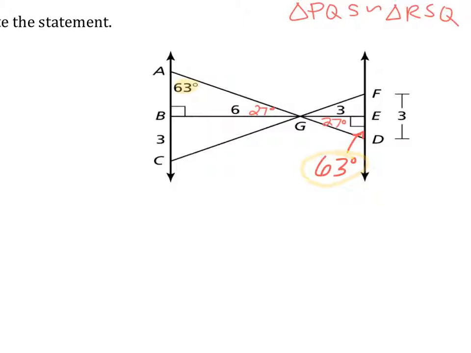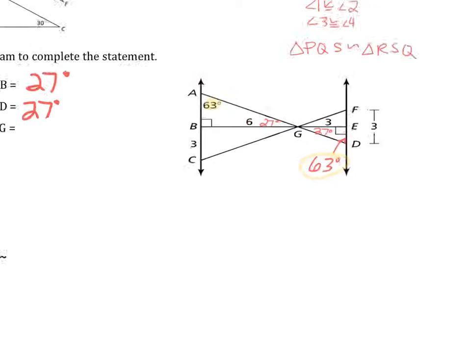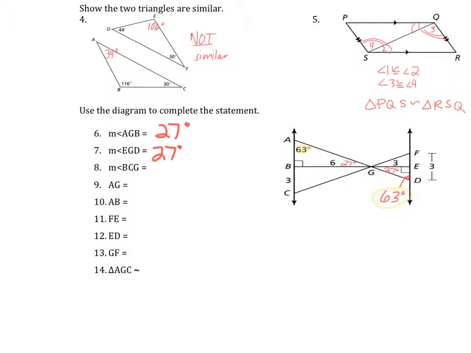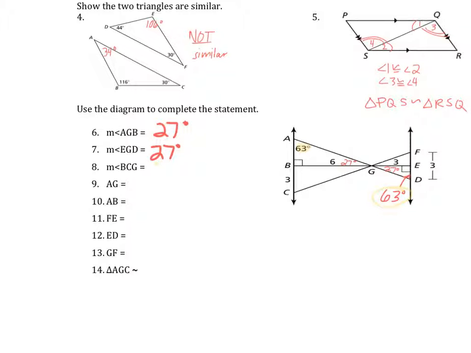So yes, they are similar. And as Sam said, you can go ahead and say that BCG is 63, because that would have to be in the middle. So that's 63. That's this one right here.